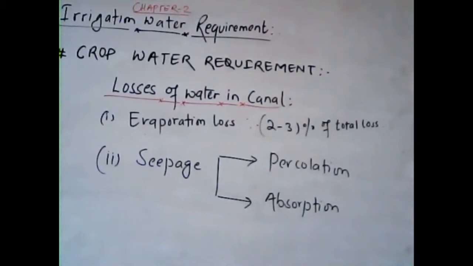So what are the factors causing the losses in the canal? First is your evaporation loss. That accounts for about 2 or 3 percent of the total losses. Likewise, we have the seepage loss, that may take place through percolation, and through absorption at a particular leakage point.